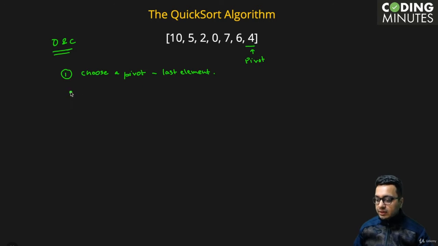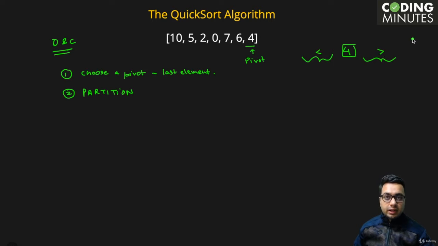The next step is the partition step. It's the most important part of quicksort. In this step, you try to partition your array into two parts. Say I have a 4. I will put all the elements which are less than 4 in one part, and all the elements which are greater than 4 in another part, and 4 will be in the correct position.